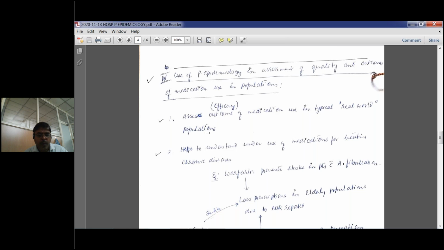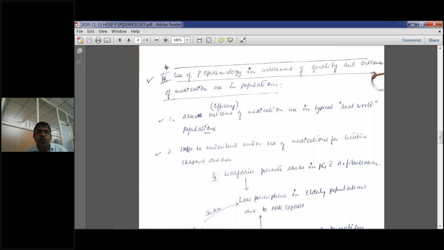But when they come into phase 4, the medicine will start working in the real world population, where patients who are suffering from more than one disease also will be treated. Two drugs, two diseases, three diseases.